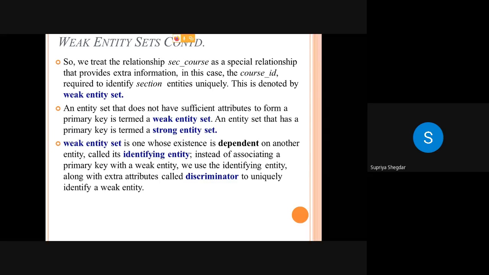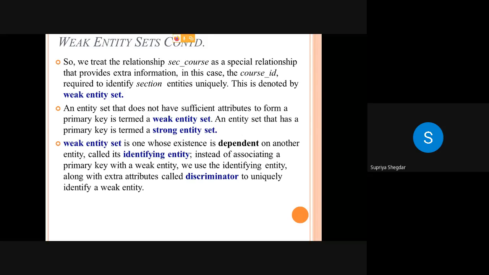Okay, understood what exactly a weak entity set means? So the weak entity set is nothing but the entity set that does not have enough attributes to represent the information or to form a primary key.